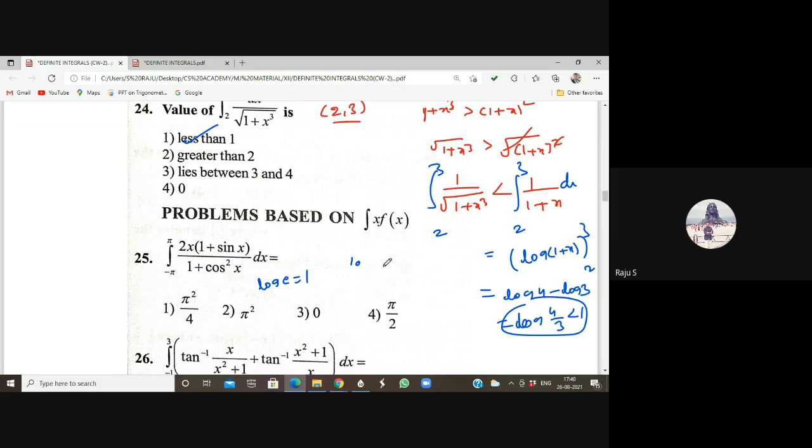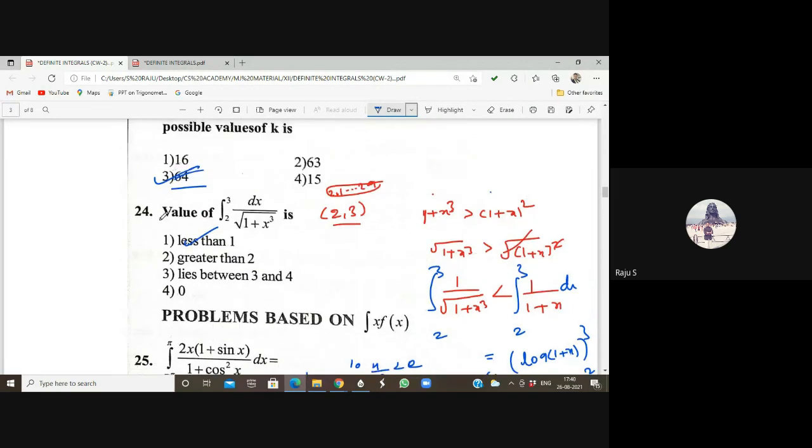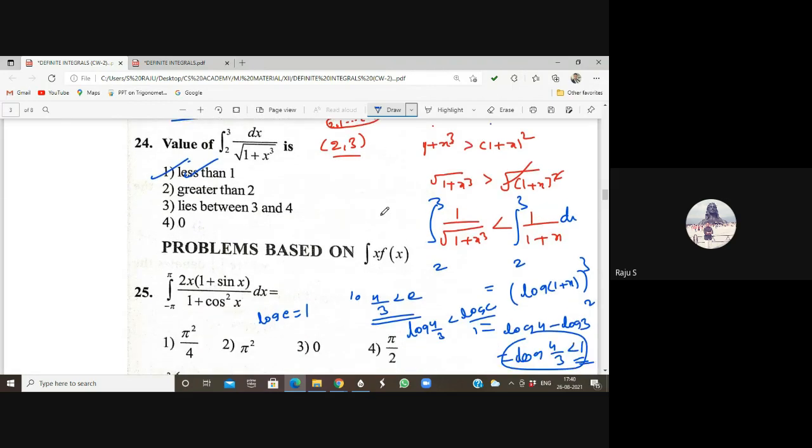Is 4 by 3 lesser than e or not? Yes, sir. Take log on both sides: log 4 by 3 is lesser than log e, and log e is 1. So log 4 by 3 is lesser than 1. Finally, the answer is the first option. Less than 1. Fine, simple question.